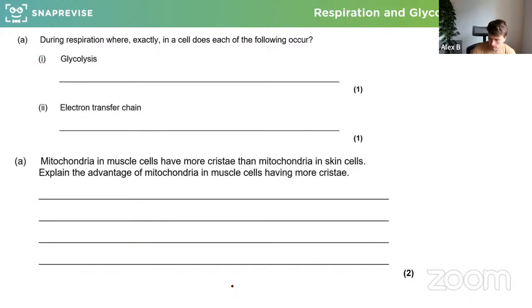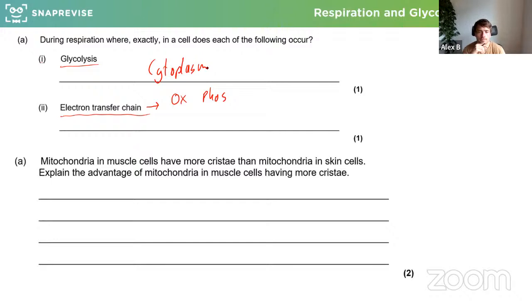So these ones are not too tricky. Where does glycolysis occur? And where does the electron transfer chain take place? If you didn't remember, this is part of oxidative phosphorylation, OXPHOS for short. Cytoplasm.